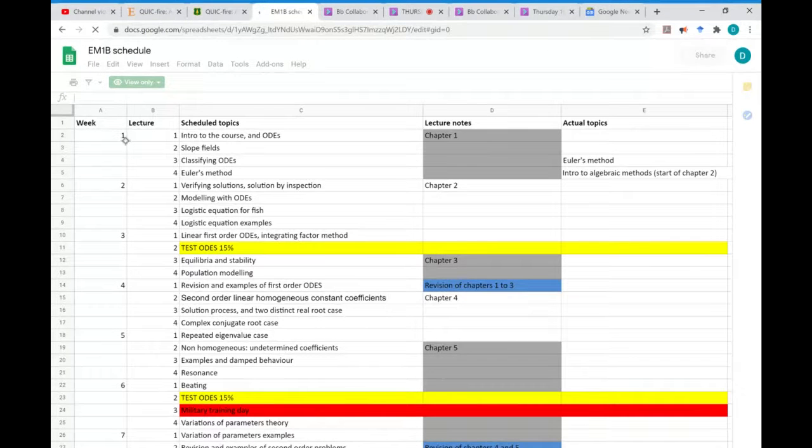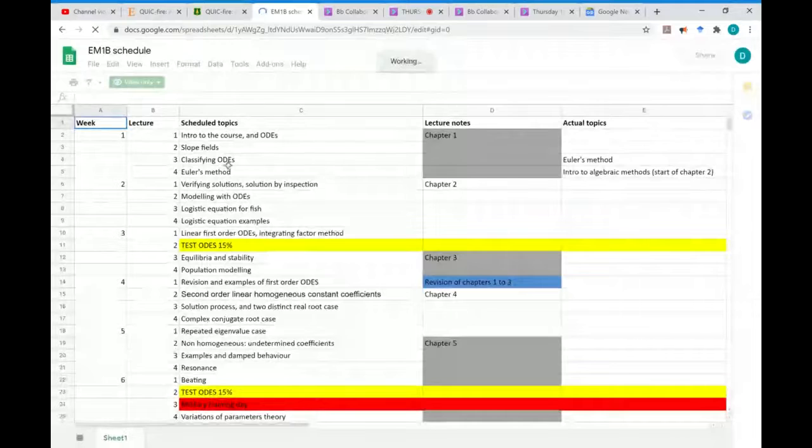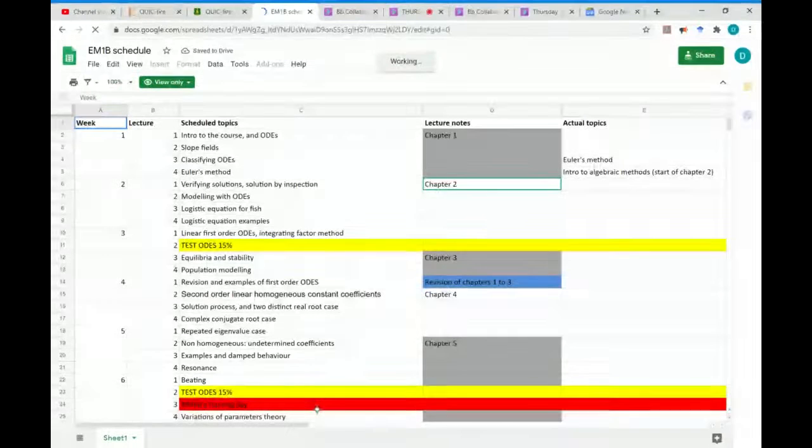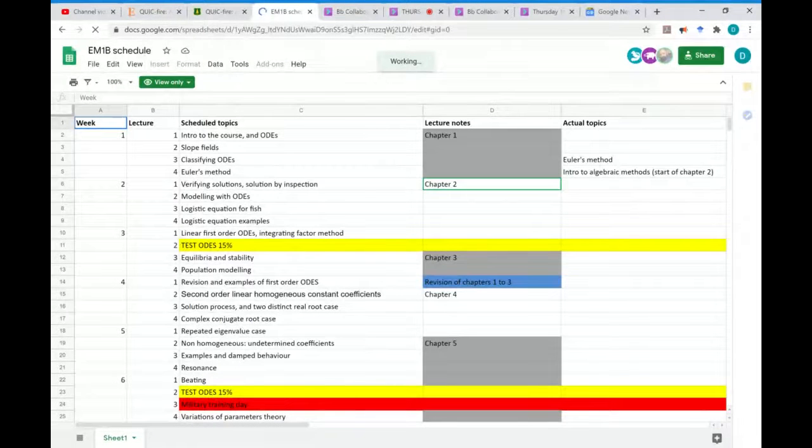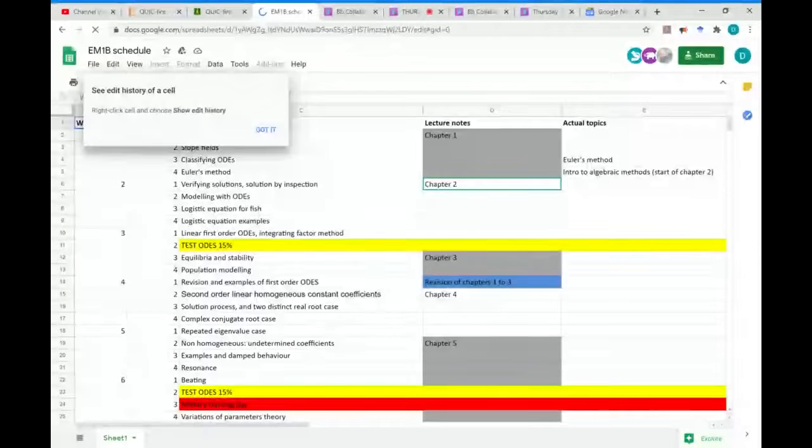This contains the week, the notional lectures, and relates the lectures to the regions of the lecture notes. So you should be able to quickly see, if you want to read ahead, where to read in the lecture notes. I've also got this little comments thing down the side.